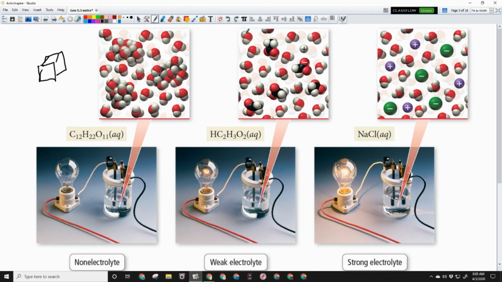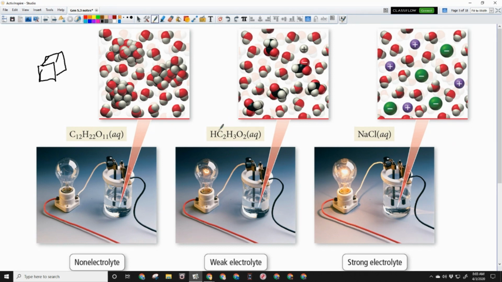Here, these molecules with the red and the two white, that's your water molecules. And this clump here is the acetic acid. This is the one hydrogen, two carbons. So the black is the hydrogen, two carbons, and then the white could be oxygen. Yeah, because there's two of them. So we have two oxygens.